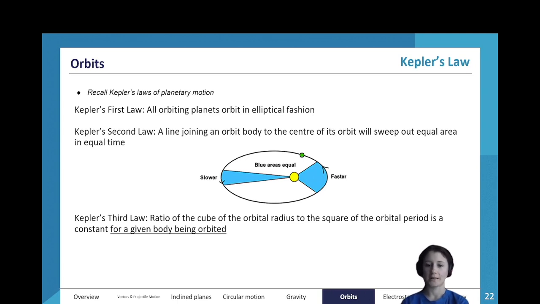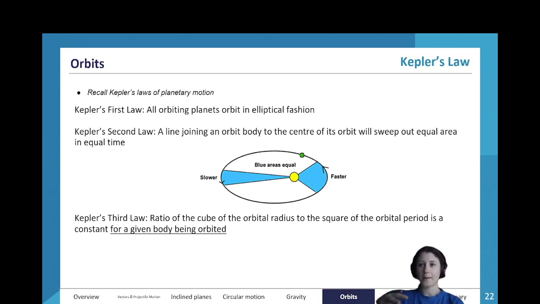But as you can see, when the line is closest to the sun, over here, the planet will travel a greater distance than here. It travels farther here than in here. But these blue areas are still equal because over here it's so far away.